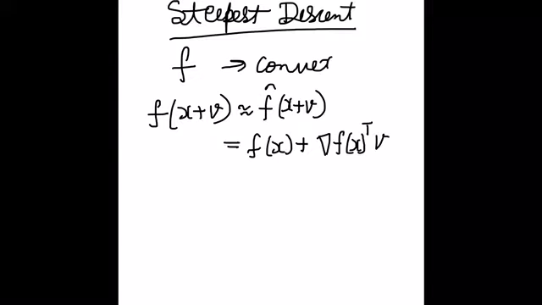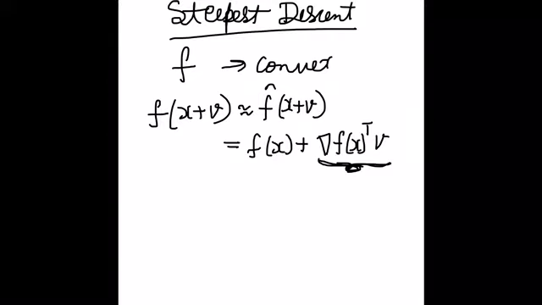So this is basically the first order Taylor's approximation. Note that this term, gradient of f transpose v, is called the directional derivative of f at x in the direction v. So basically this gradient of f is being projected along v.